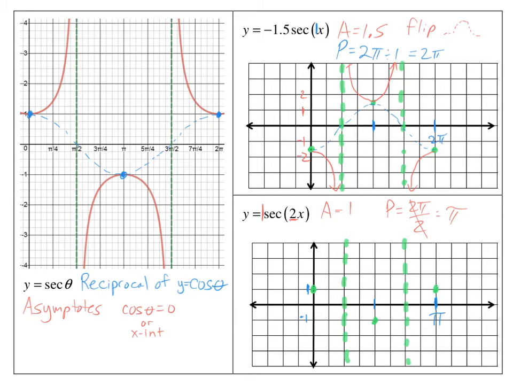Now you might wonder, why do we have an asymptote? Well, let's sketch cosine to see it. I sketched cosine. Do you see how we hit the x-axis at those two asymptotes? That's why we had what we did.